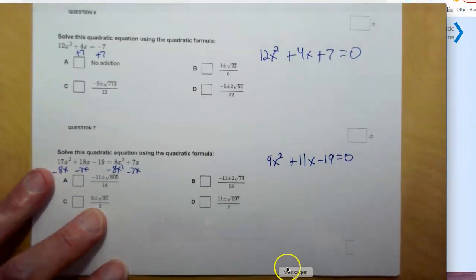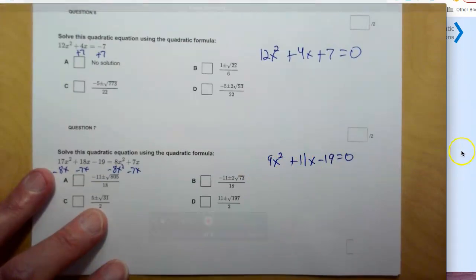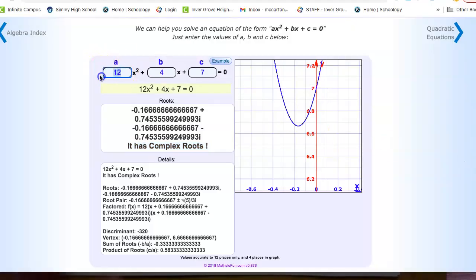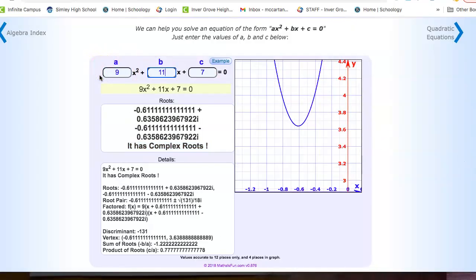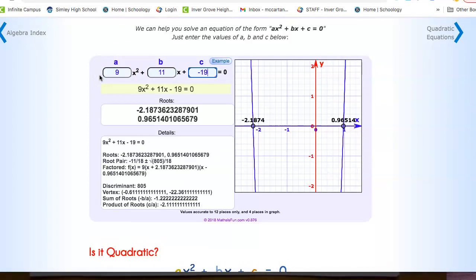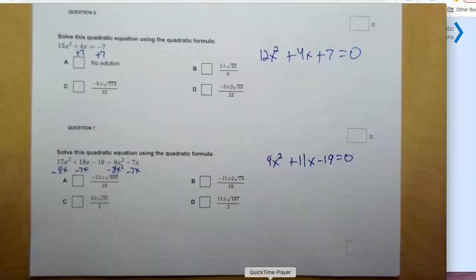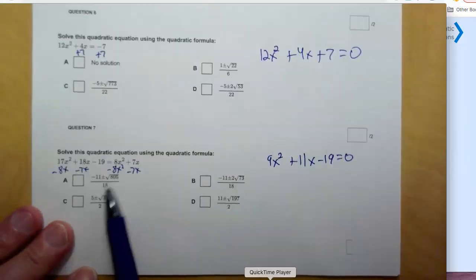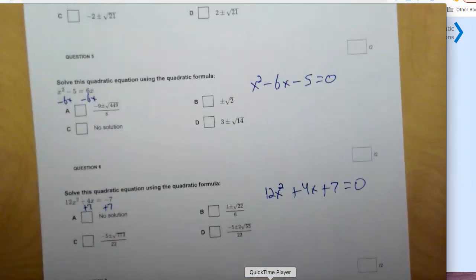All right, ABC: 9, 11, negative 19. Negative 11 over 18, plus or minus the square root of 805 over 18. That should be pretty simple to find. Yeah, it's right there. 805 over 18. That's it. Yep.